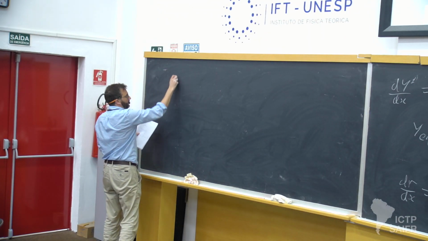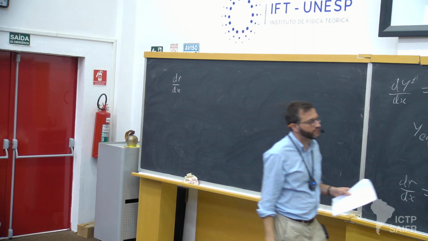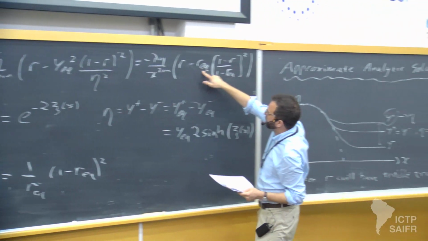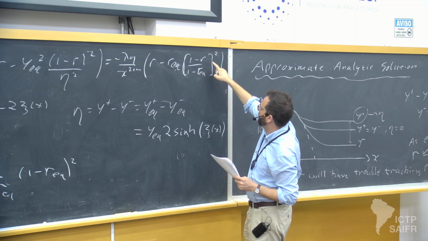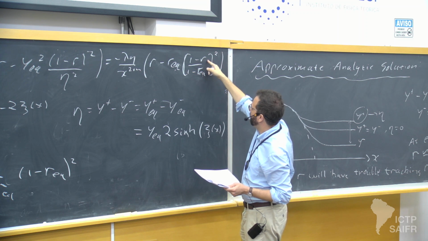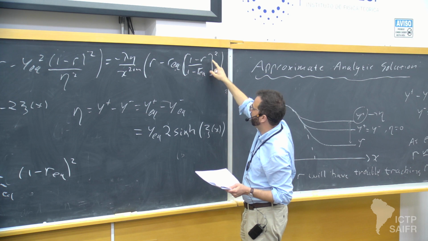Let me explain a bit more. Imagine R is getting larger and larger compared to R equilibrium. This is sort of freeze out. And R is going to be less than 1 here.